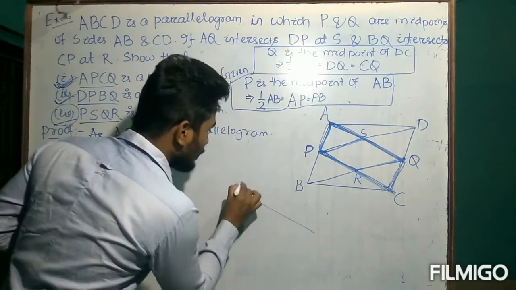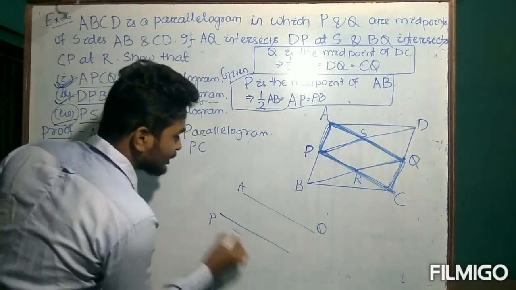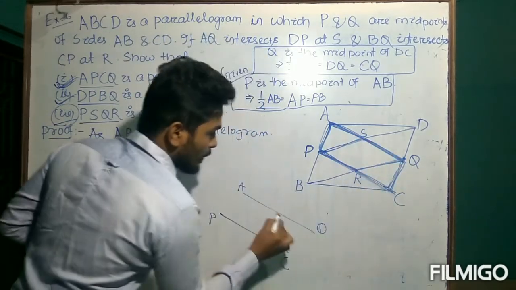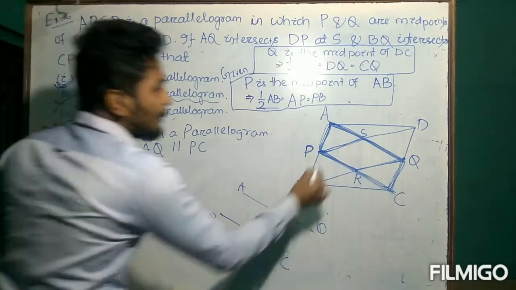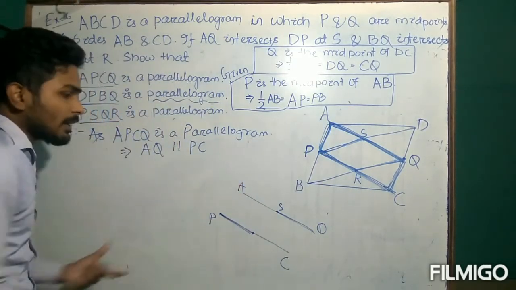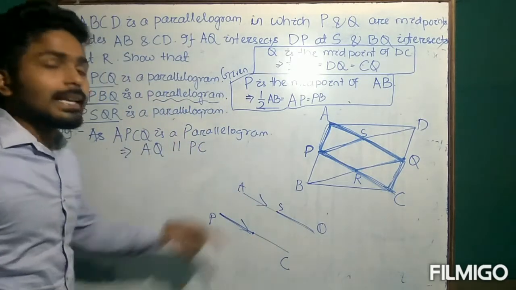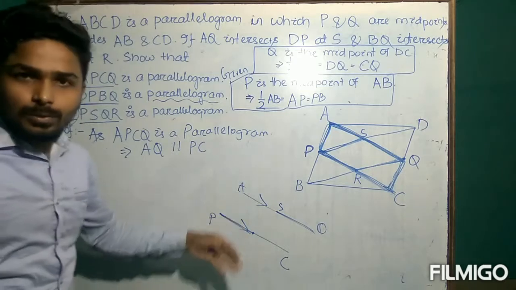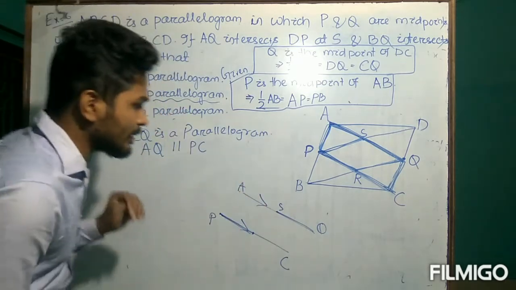If this is AQ and this is our PC, then I have told you that SQ is a part of AQ, correct? This is R. PR is also a part of PC. Since it is given AQ is parallel to PC, can we write this part is also parallel to this part, because they are parts of those two parallel lines?